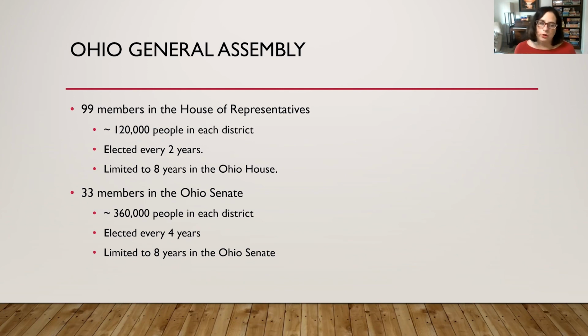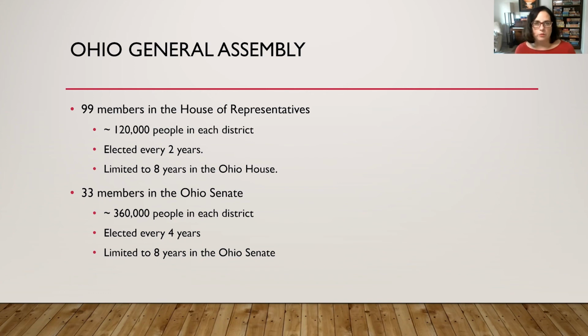So as we move forward, we're going to talk about that legislative advocacy, specifically within the Ohio General Assembly. Now, this is Ohio. Every state is a little different, and I'll give some examples of differences moving forward. But the General Assembly, think about it as the Ohio Congress, right? We're the legislative branch in this state, and every state has a different format, a different structure.